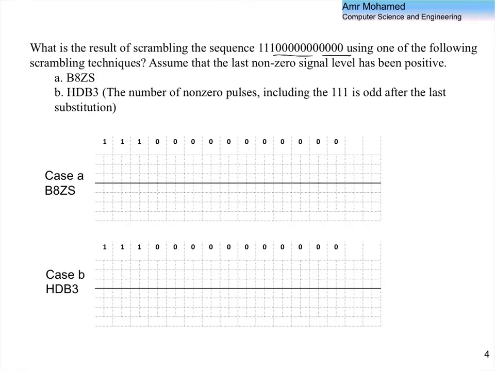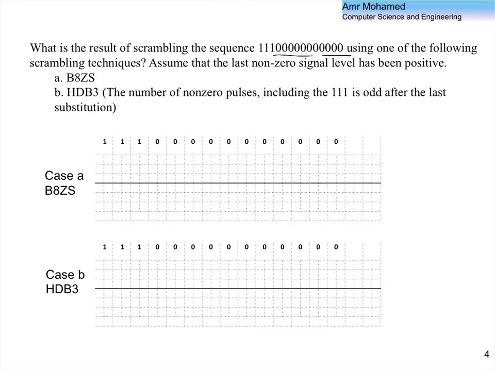So scrambling tries to compensate for this by substituting consecutive number of zeros using a certain sequence. But the issue here is that we are trying to do this scrambling in such a way that, on one hand, it introduces more changes in the signal, but on the other hand, it makes the receiver able to distinguish that this is not the proper sequence of AMI.